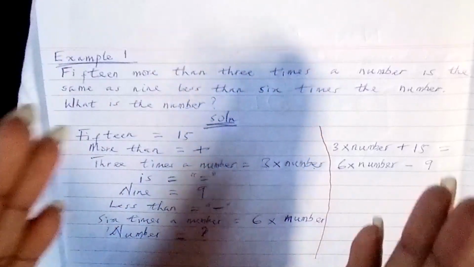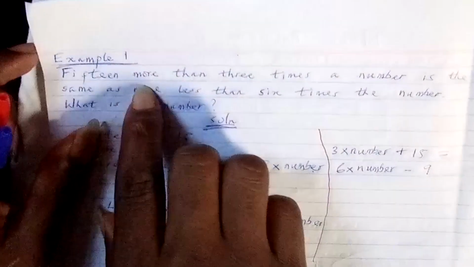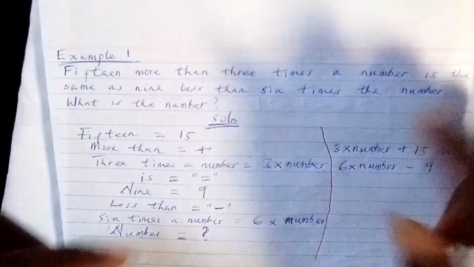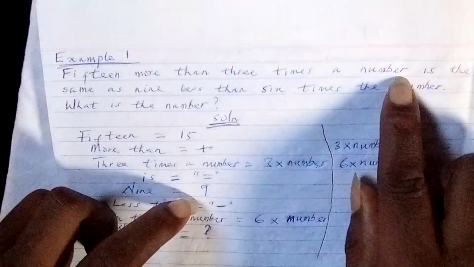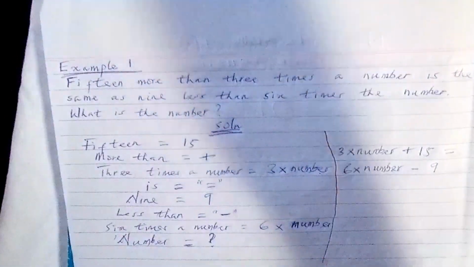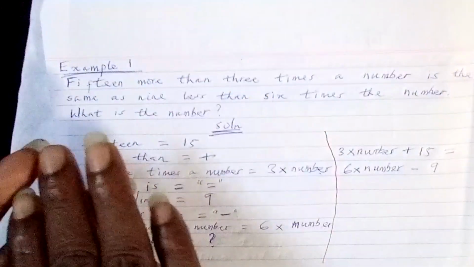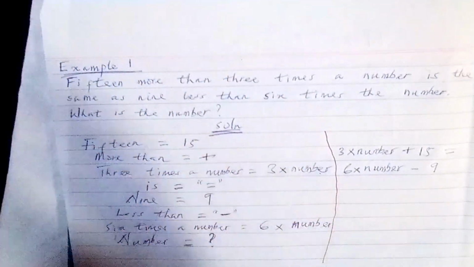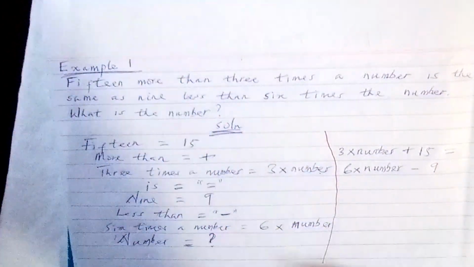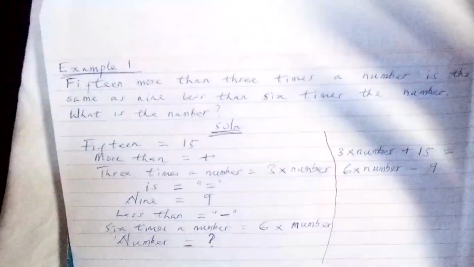Let us be clear of this one. 15 more than, so the 15 comes after the 3 times the number. The 3 times the number already exists, and we had an additional 15 attached to it. So you have to first write the already existing number before you add the additional one.